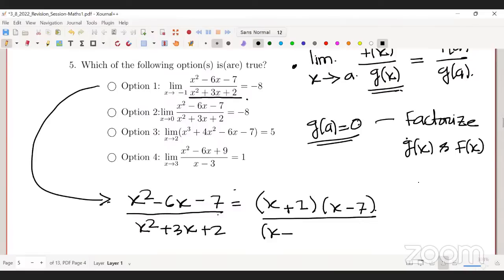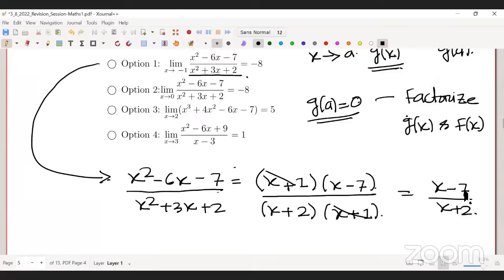So x plus 1 will get cancelled out. Now you are left with x minus 7 by x plus 2. Now you apply the limit.